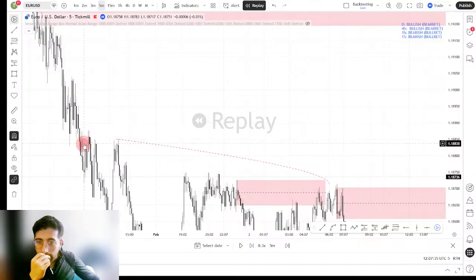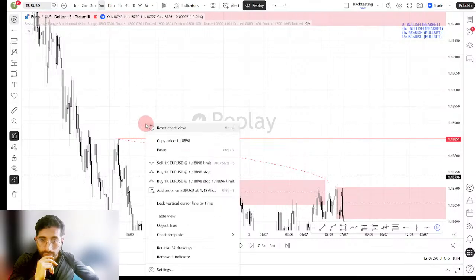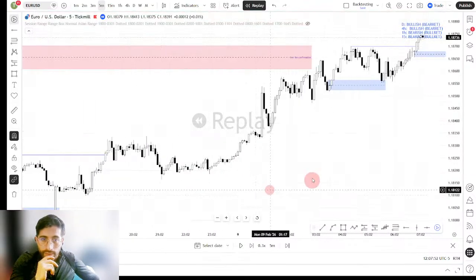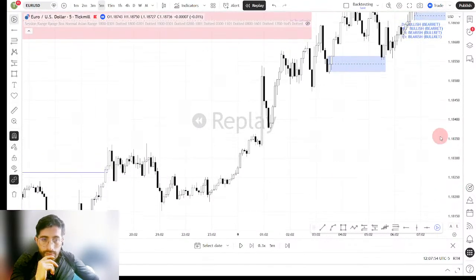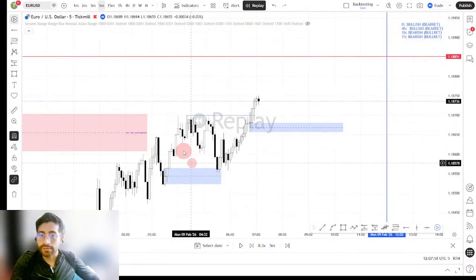So this is mitigated, probably until this block or above. All right, look. This will be my take profit limit. Boom, there. Right, so this is the high I will hit, for example.